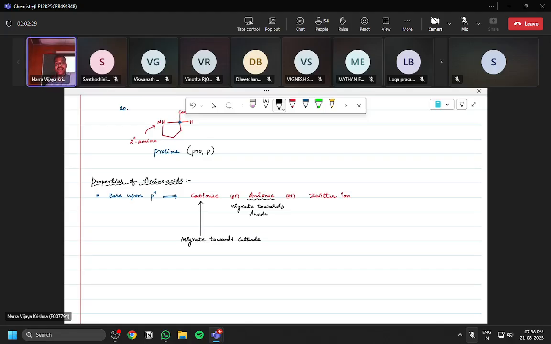Now, what about zwitterion? They do not migrate towards any electrode.